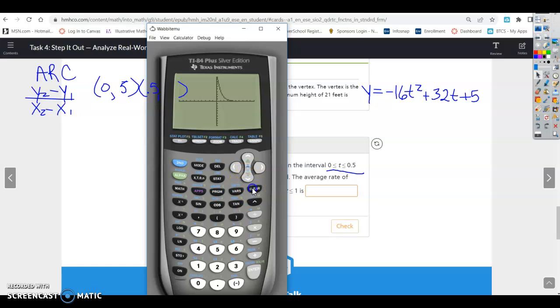I'm going to do negative 16 times 0.5 squared, and then plus 32 times, and again, t is 0.5 in this case, and then plus 5. So we're going to hit enter, and that's going to give us 17.